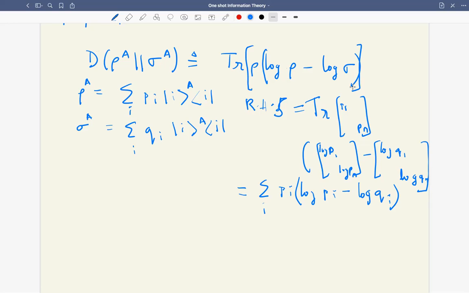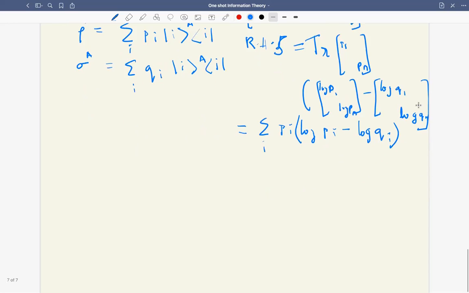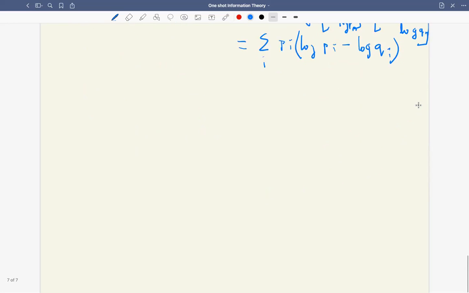Let us look at some properties of this. First of all, I'll try to convince you that these properties are exactly the analogues of the classical properties.